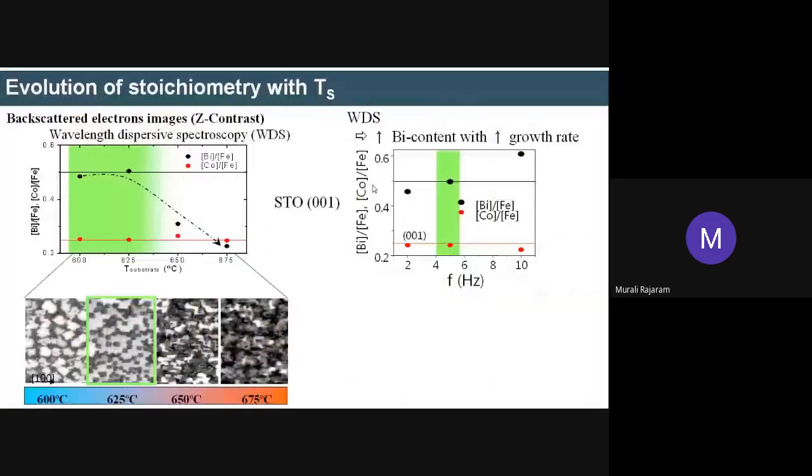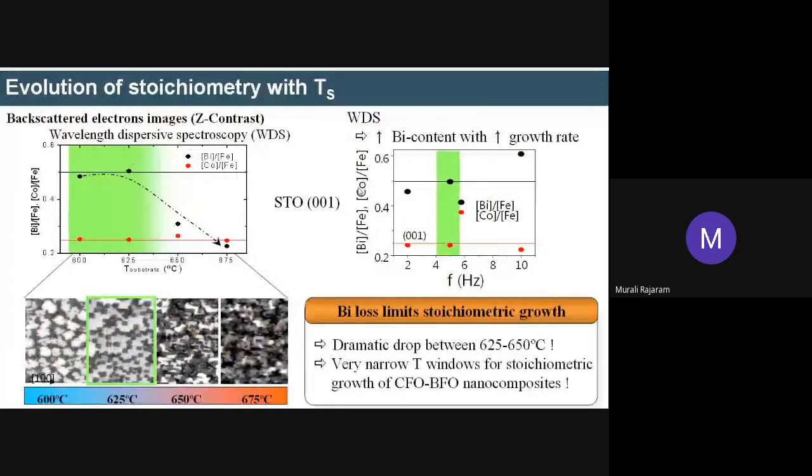Why is this growth temperature important? This is the WDS plot, wavelength dispersive spectroscopy, of bismuth ferrite and cobalt ferrite, against growth temperature. If you increase the growth temperature, your cobalt to iron ratio remains constant.